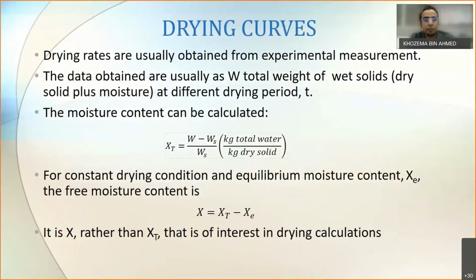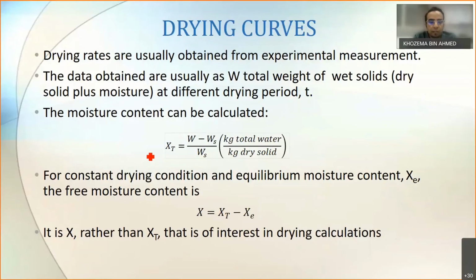The next one is that drying rates are usually obtained using experimental measurements. Before we build or design a dryer, we have to run some experiments. Based on the data from the experiments, only then can we design our dryer. The data obtained are usually W, the total weight of wet solid, meaning the dry solid plus the moisture, at different drying conditions.